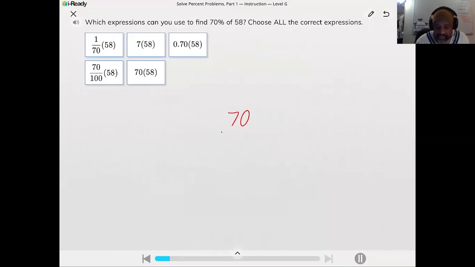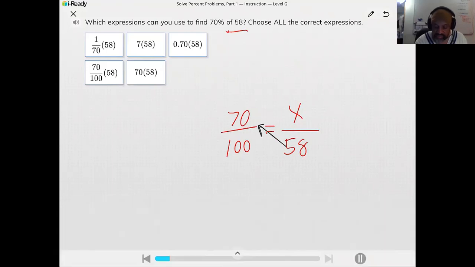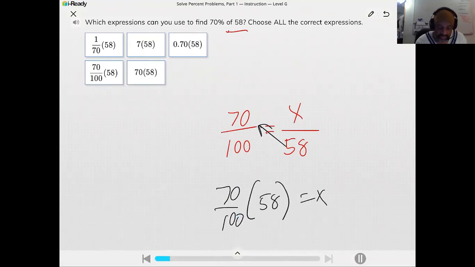Okay, the next thing you're going to do here, they got another problem. I like to set them up as proportions because we spend so much time using proportions. The of part always goes on the bottom. Now all you have to do is cross multiply. So 70% times 58 equals x, or you can write it as 0.70 times 58 equals x.